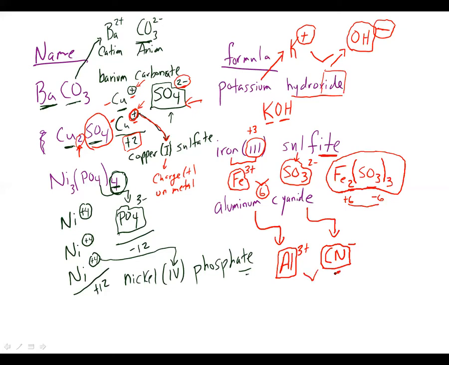So our formula would be Al, and because it's more than one polyatomic ion, we put parentheses around it and a 3 at the bottom to indicate that we have 3 of these CNs, each at -1. So -1, -2, -3 balances out the +3 charge over there.